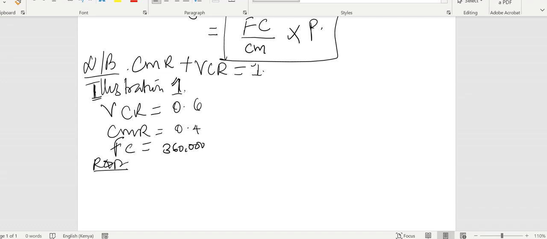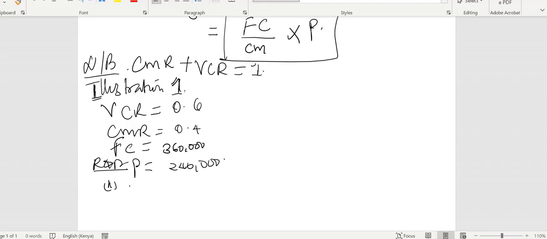What should be the sales revenue that generates a profit of 240,000? That's Roman 1. Roman 2.